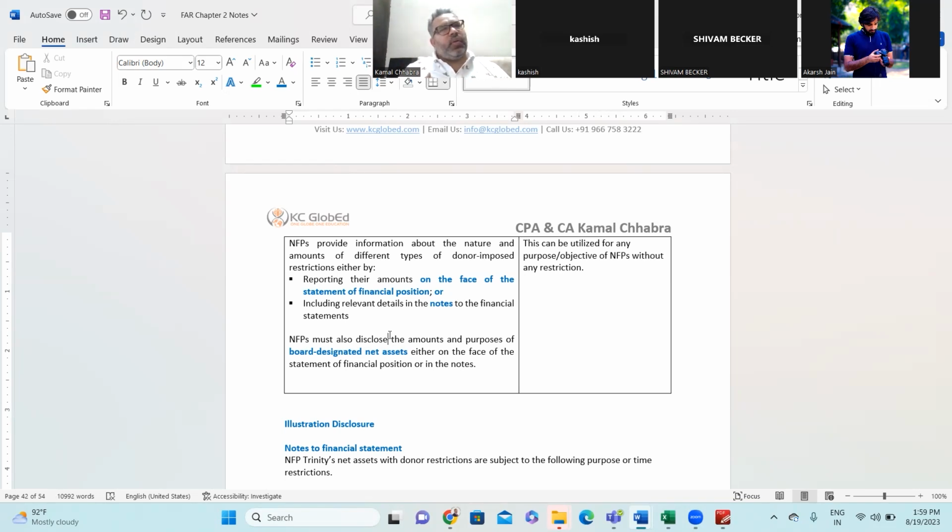So you have chosen, as a board, trustee or members, that out of the total free fund you will utilize 10% for capacity building or expansion of the organization. That is called board-designated net asset. There you are restricting or earmarking the money for a particular purpose, whereas the donor has not given any restriction.